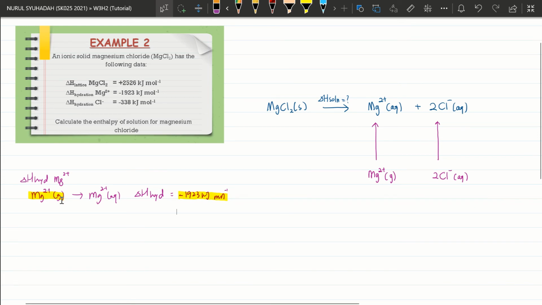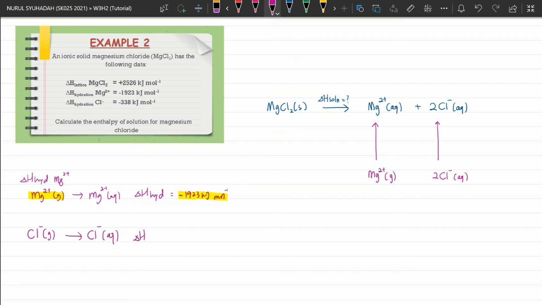Okay, same goes when you are writing down for chlorine. So for chlorine, the delta H hydration is for Cl- gas to produce Cl- aqueous. So the delta H hydration given is negative 338 kilojoule per mole.